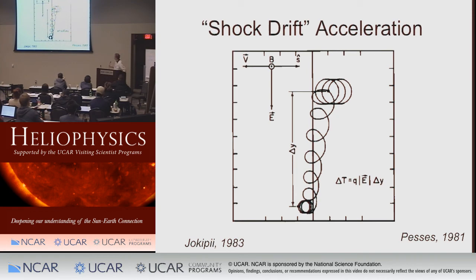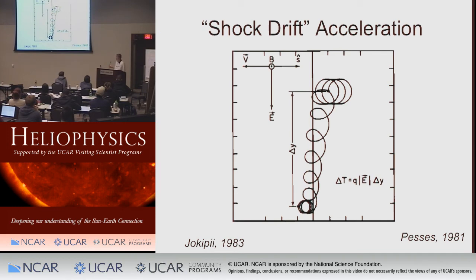If you have a shock like this, with z going into the shock before, and this is the magnetic field direction, particles can drift along the motional electric field, the V cross B electric field, up the shock surface like this. And in the process, they actually pick up some energy. That comes out a little bit different from the shock acceleration process.